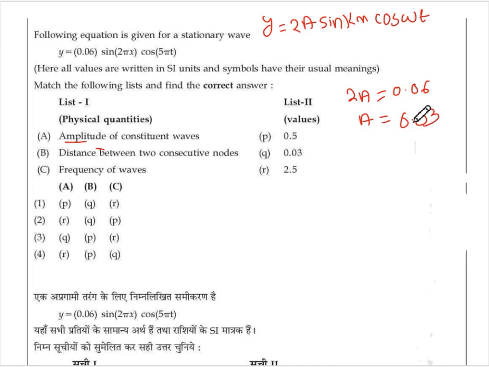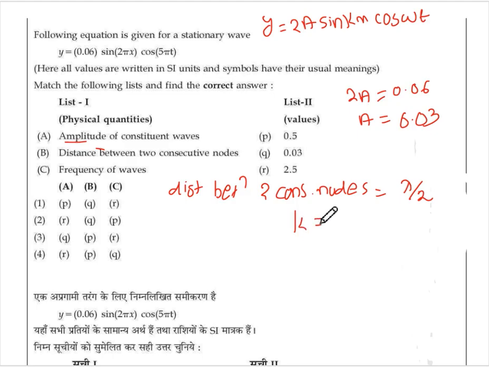Now we have to find the distance between two consecutive nodes. The distance between two consecutive nodes is lambda by 2. You have to remember this one. For finding lambda, we first have to find k.